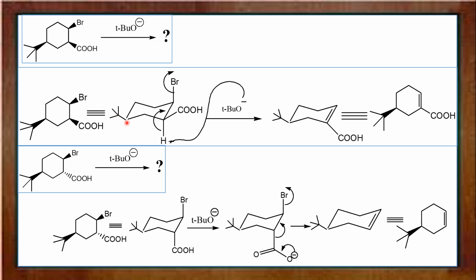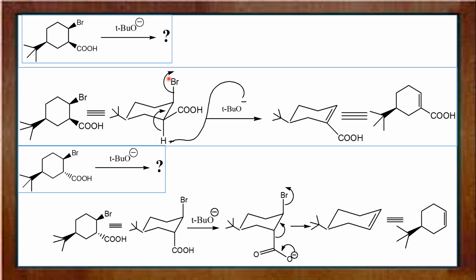So in the equatorial direction it is on the beta side. Therefore the other two bonds are also on the beta side. They also should be represented with upward bonds. So the COOH is in the equatorial position, that is also upward, and the bromine is also upward.